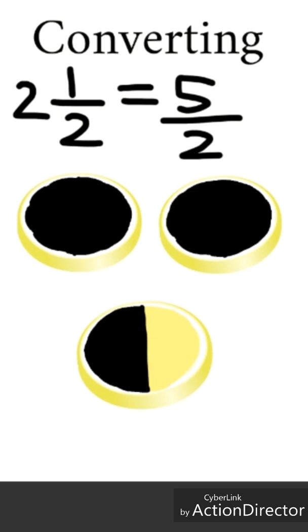If you count all of them, because 1 whole is equal to 2 halves, you have 1, 2, 3, 4, and 5 halves, which is the same answer as we got here, 5/2, and we also got the same answer in the diagrams. So it's completely up to you. You can either multiply or you can draw diagrams. It's really the choice of the person taking the test.